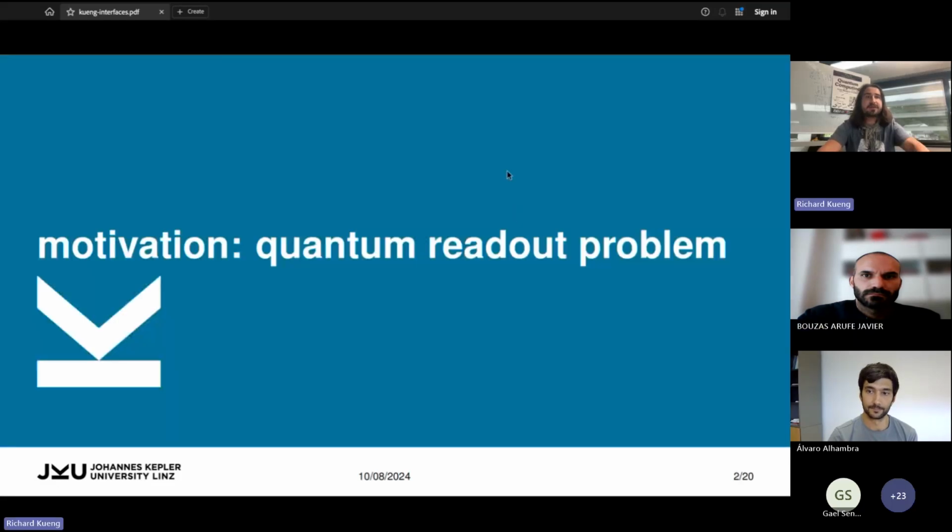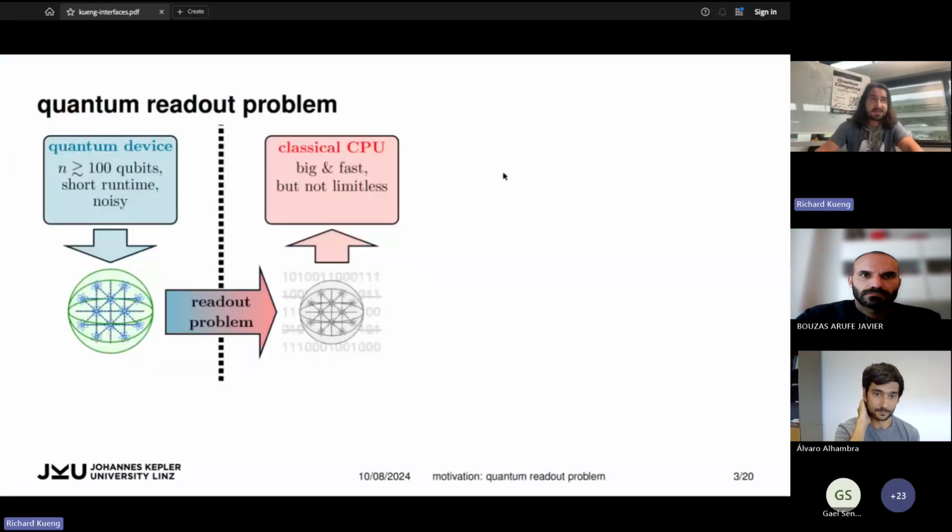So here is a broad motivation about what really fascinates and bugs me and many other people. It's the quantum readout problem. I'm very excited to be, let's say, in my 30s today, because quantum technologies and the way we think about quantum mechanics has changed drastically since I became a PhD student roughly 10 or 12 years ago.